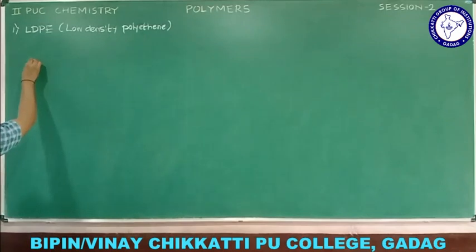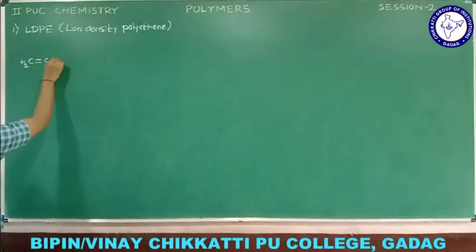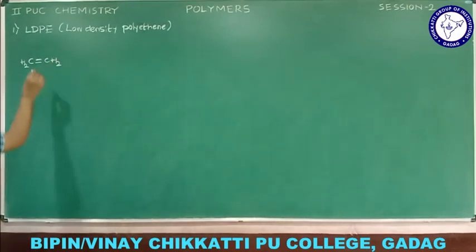So how are we going to write that? CH2=CH2 will be the monomer, and a large number of monomers will combine to give the polymer, we know.